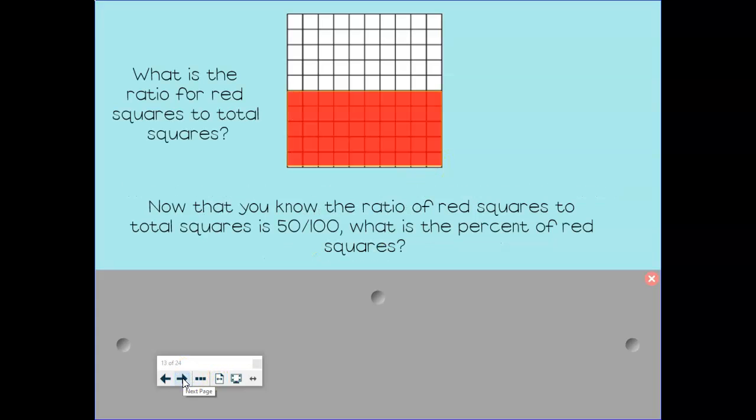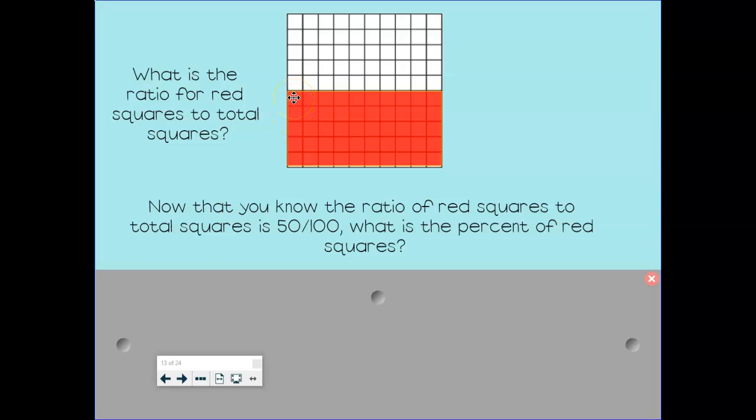So now I have another model. What is the ratio for red squares to total squares? Okay, so if I were to count, I know that each of these is 10. 1, 2, 3, 4, 5, 6, 7, 8, 9, 10. So I have 10, 20, 30, 40, 50.